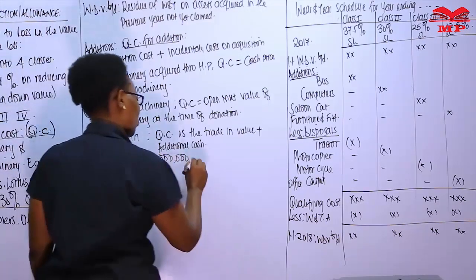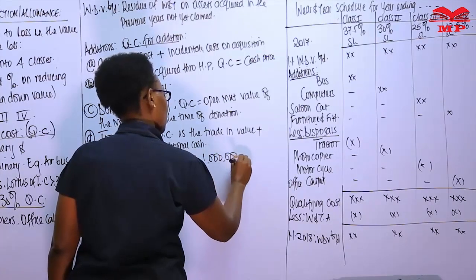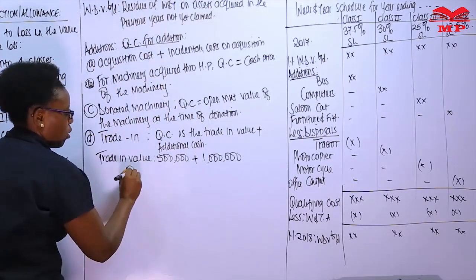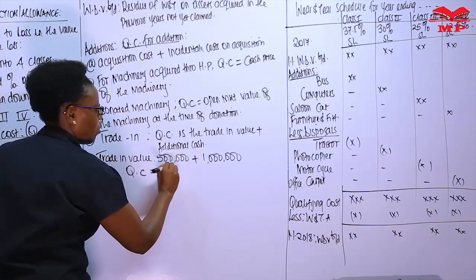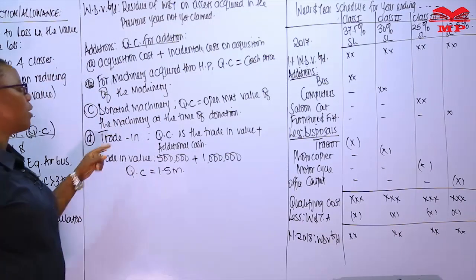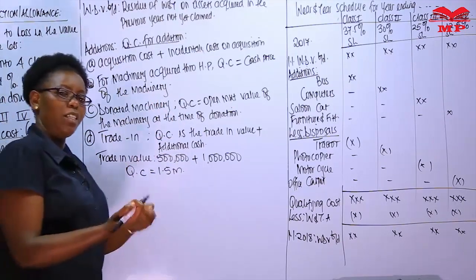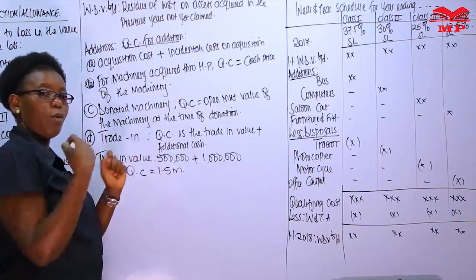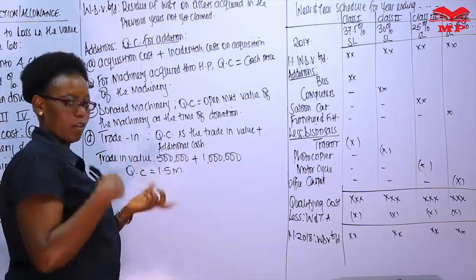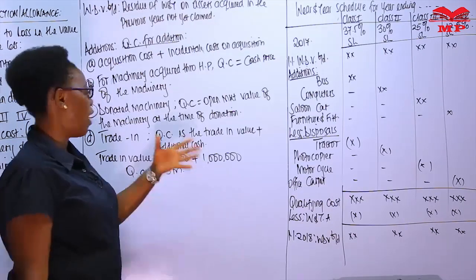So we are required to add 1 million cash. So the qualifying cost of this vehicle is going to be 1.5 million. So that is what we mean. You take the trade-in value, the value of the old asset at the time that you're giving it in exchange, when you're doing barter trade, for a new one or a newer version, plus how much cash you are adding.